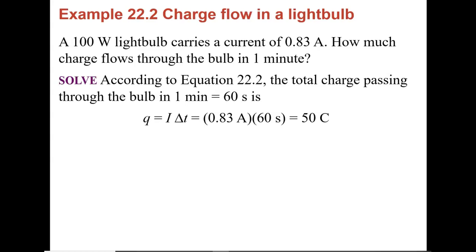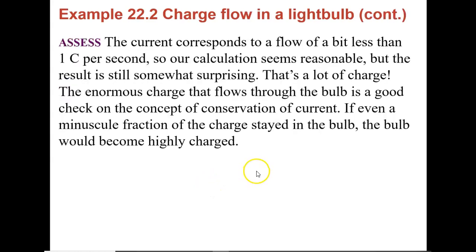How much charge flows through it in a minute? Charge is current times time. We know our current, we know our time, and multiplying them together, we get our number of charges. 50 coulombs of charge passes by in a minute. But that's a lot of electrons flowing through it.